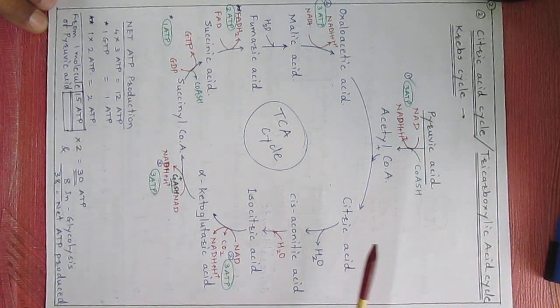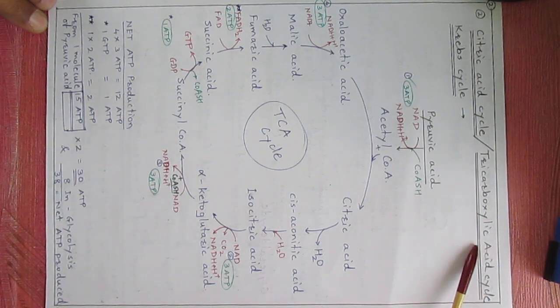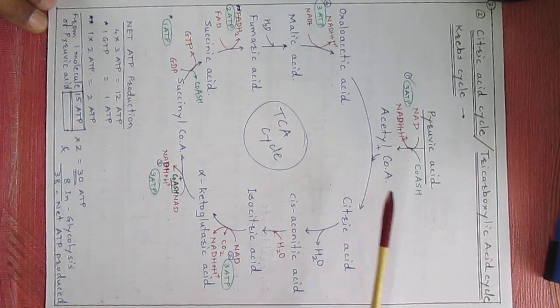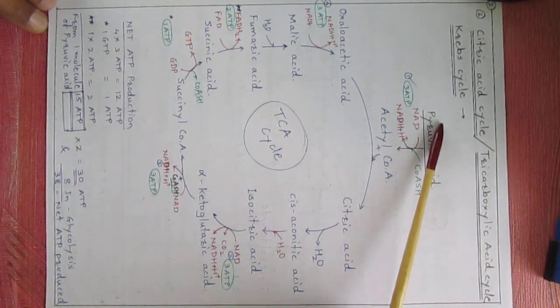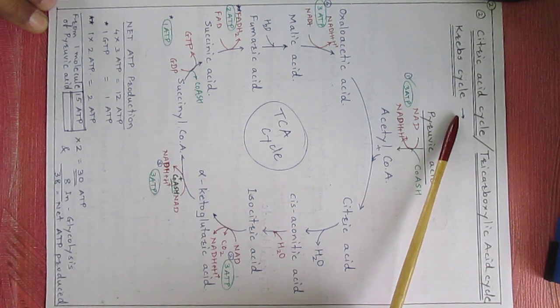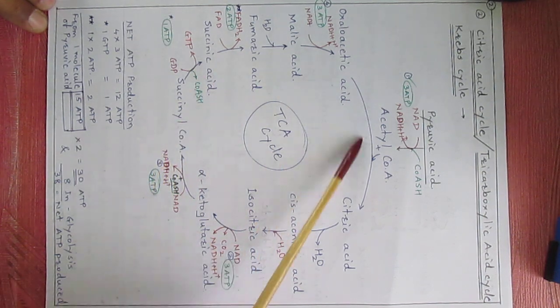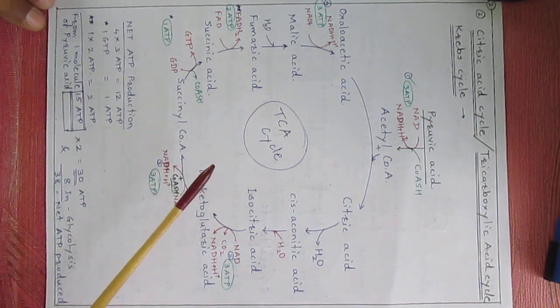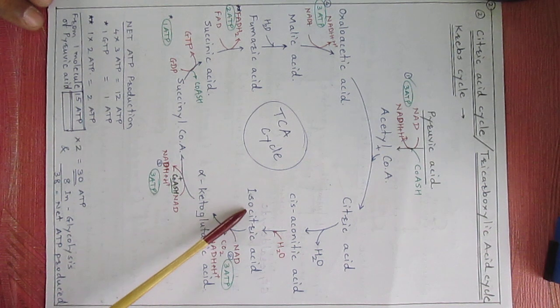This acid contains 3 carboxylic acid groups. Therefore, it is also called the tricarboxylic acid cycle. It is discovered by Hans Krebs, therefore named the Krebs cycle. Likewise, this TCA cycle completes inside the mitochondria.